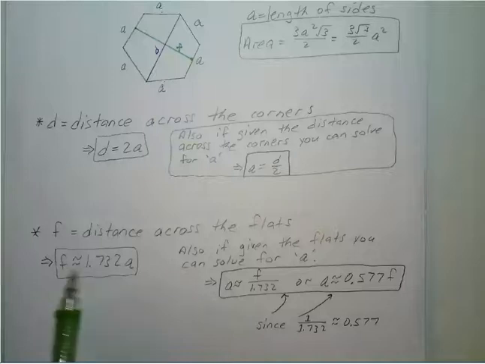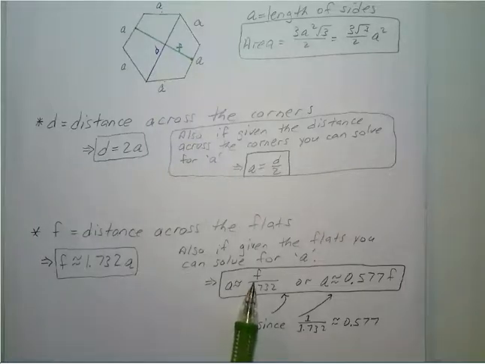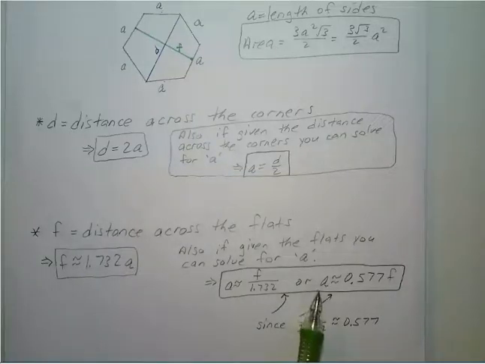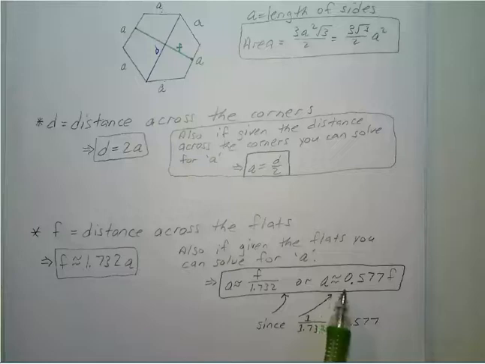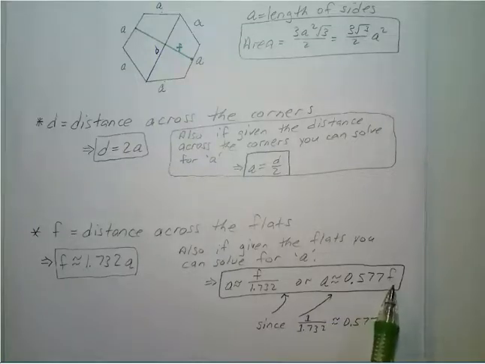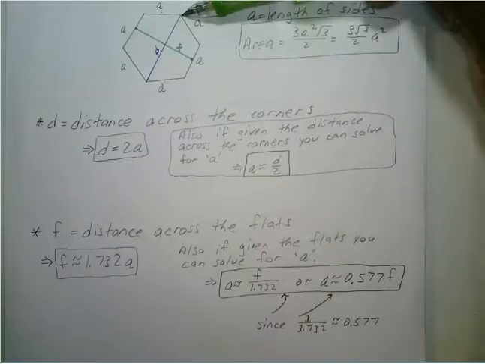So you have F over 1.732, or you can write it as 1 over 1.732 times F, which will give you approximately 0.577. So a is approximately equal to 0.577 times the distance across the flats.